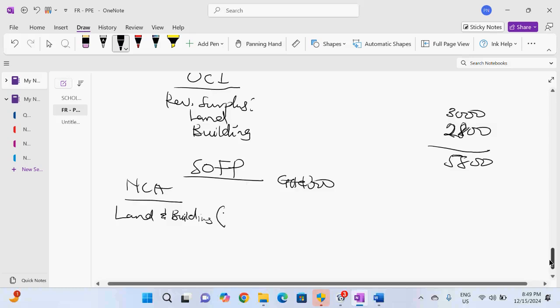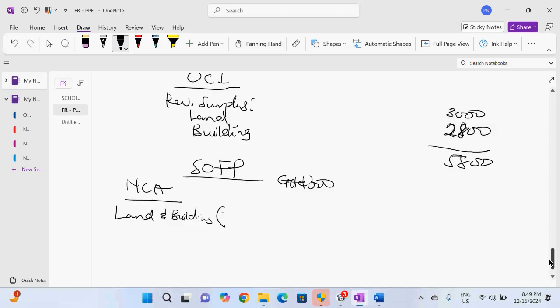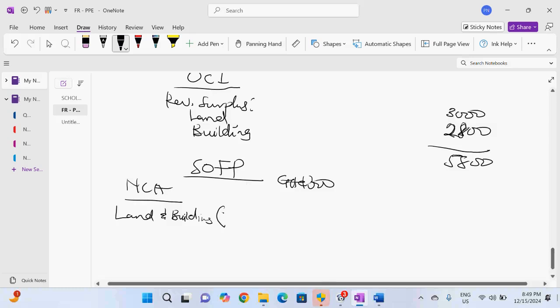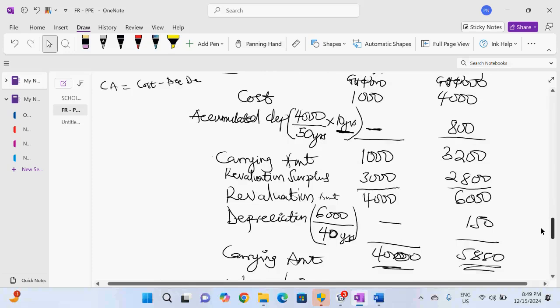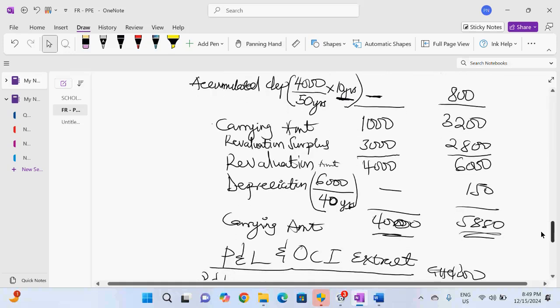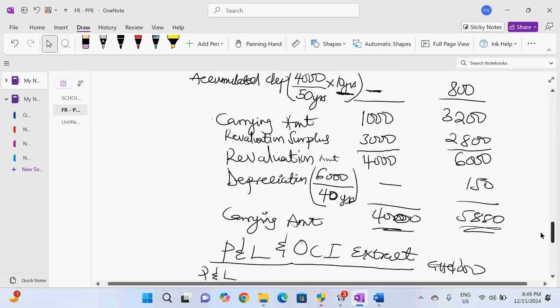So what is the land amount? Is it the 4,000? Yeah. 4,000, right?